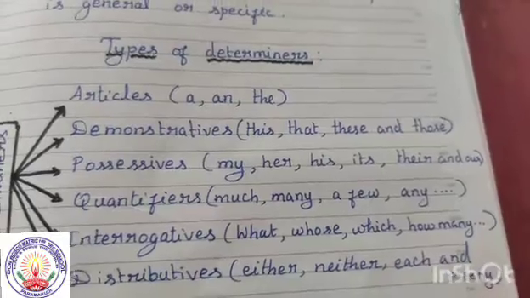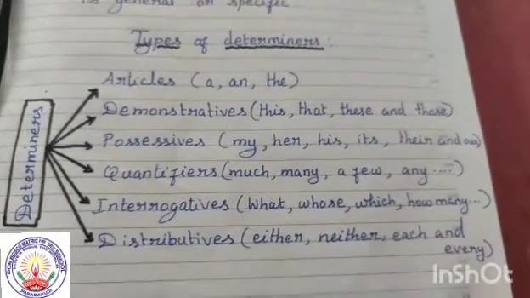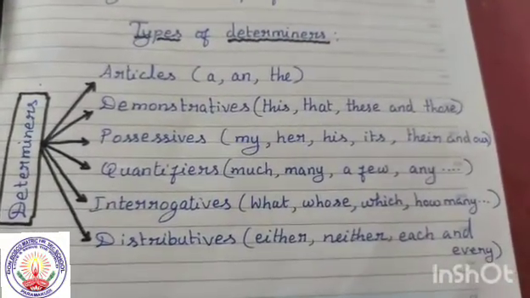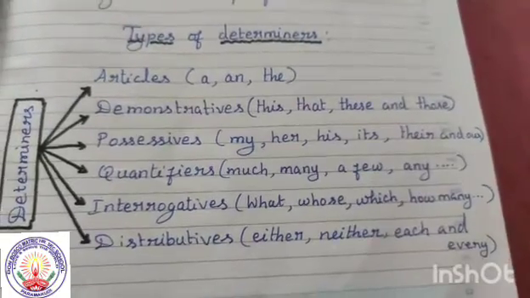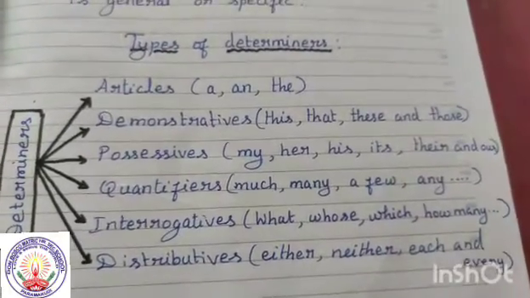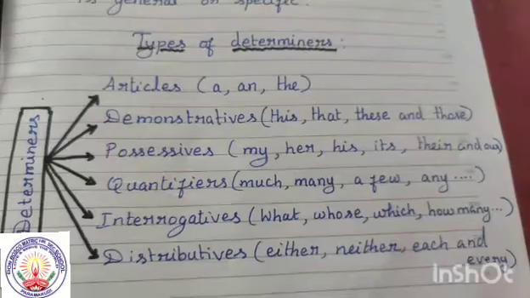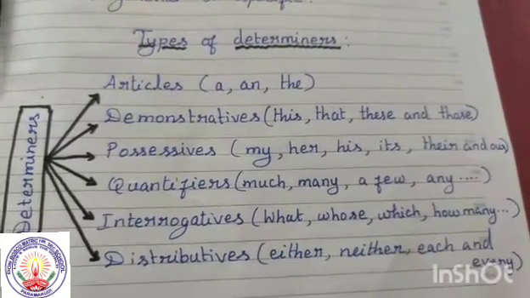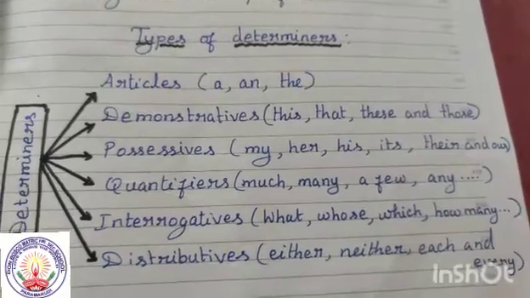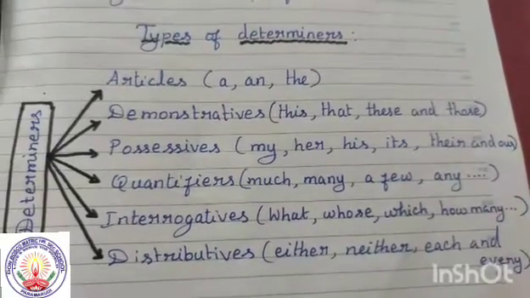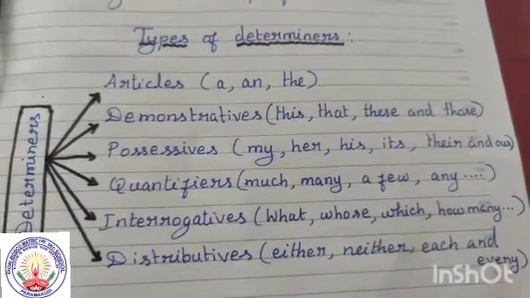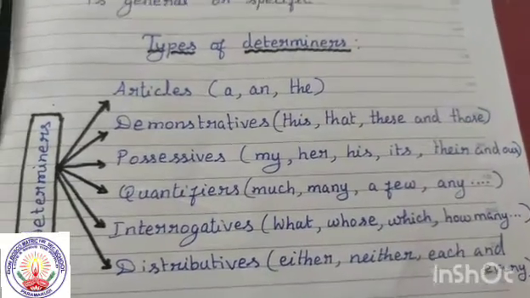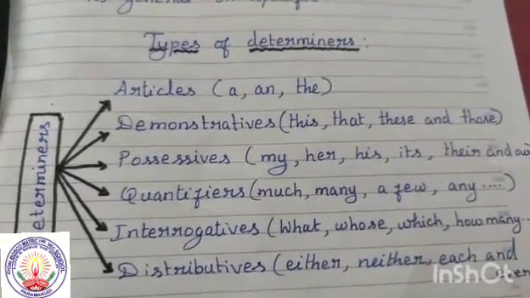So what are the types of determiners? Here there are six types of determiners. Articles, demonstratives, possessives, quantifiers, interrogatives, distributives. So articles, you know, articles are a and the.